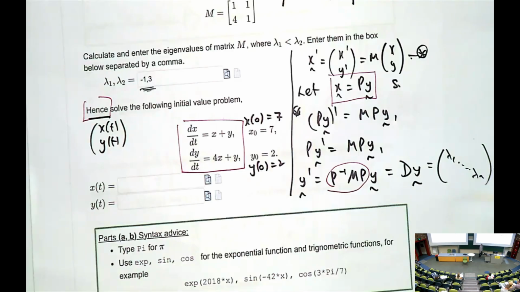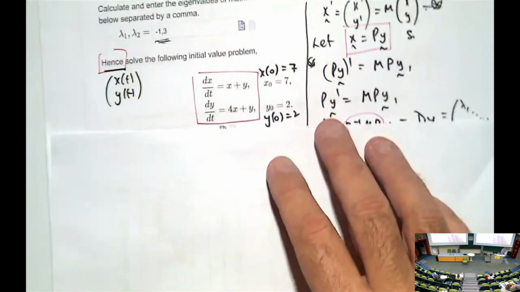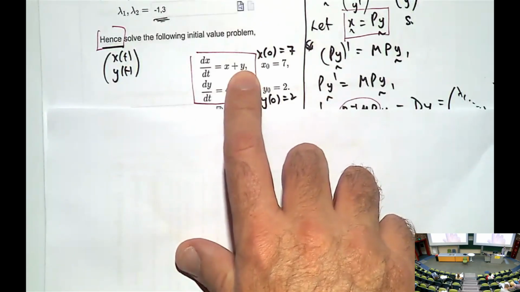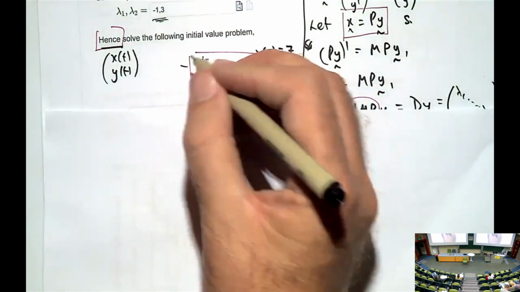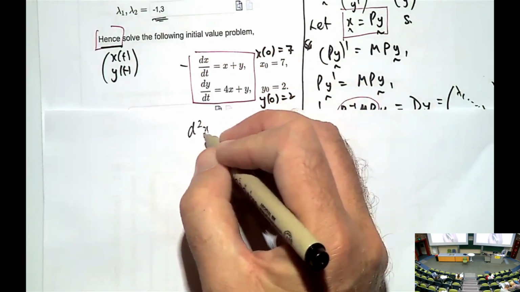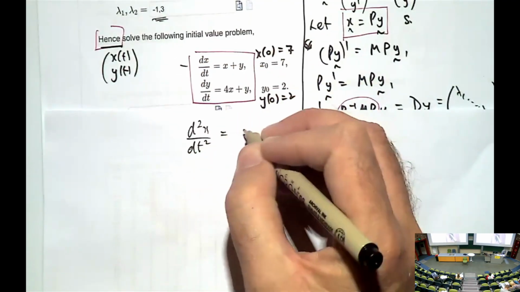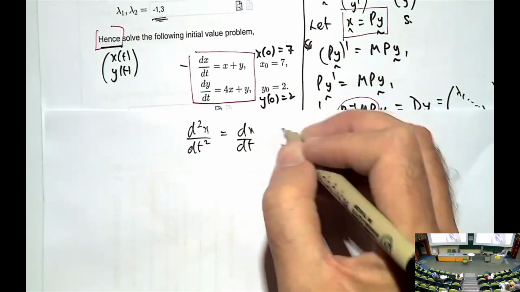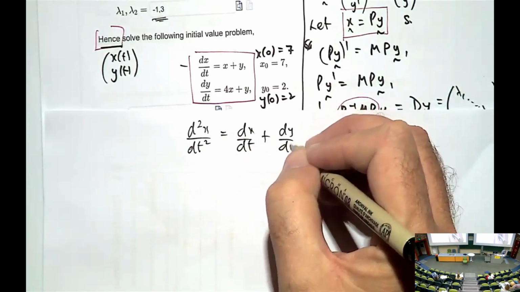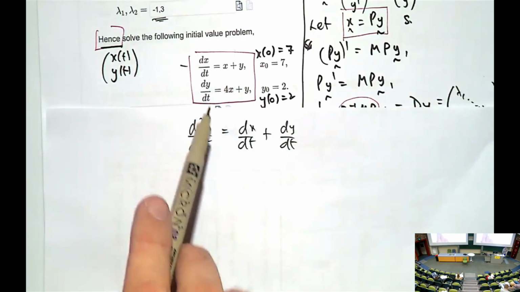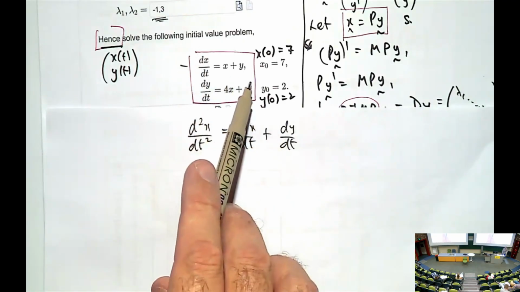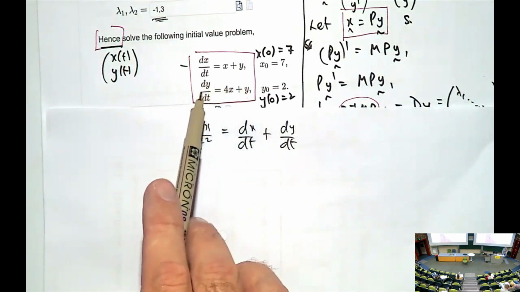Watch what happens if I take this and differentiate. Let's say I differentiate the top one with respect to t. Now, let's have a look here.